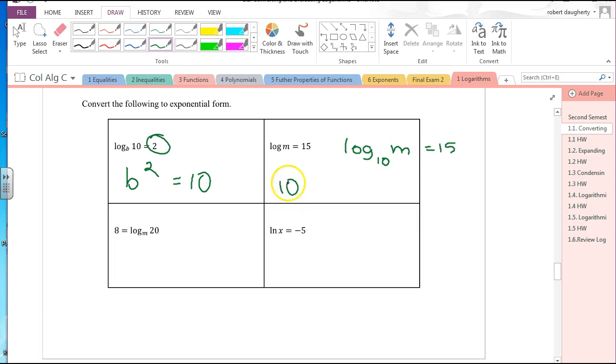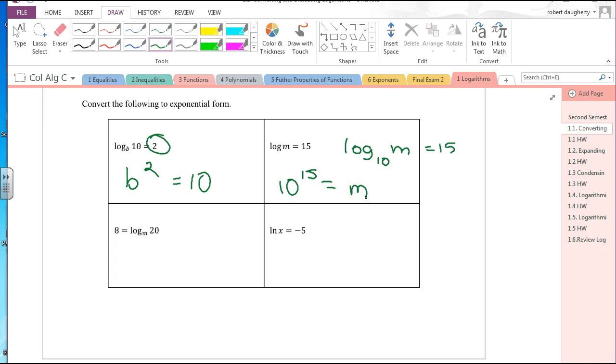So the base is 10. Which of those numbers is my exponent? 15. What's the only other number I haven't written? M. Okay. So when you look at a log equation, this is your base, that's your exponent. 10 to the 15 equal M.